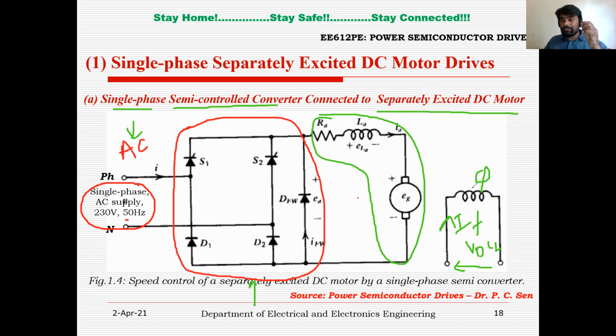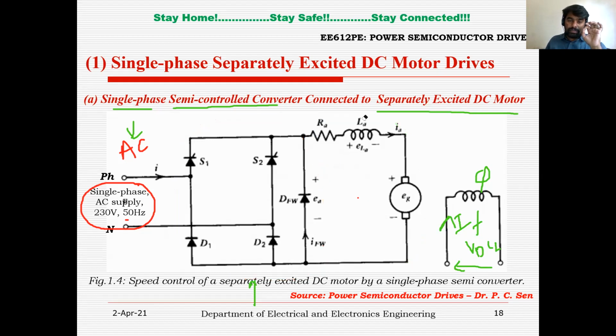Where we have seen in case of conventional speed control techniques, to control the armature voltage, we have inserted a resistance rheostat in between the constant DC voltage and the armature terminal of the DC motor, right? If you recall the previous class lecture video, right? Now instead of that rheostat potential divider, we are replacing that with the semi-controlled converter here, and you can achieve any amount of voltage across the armature terminal.